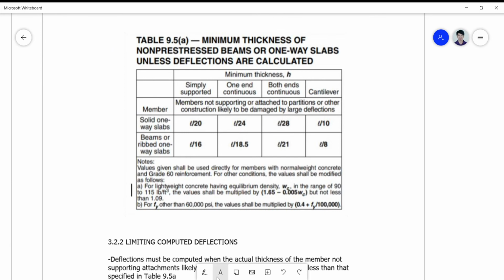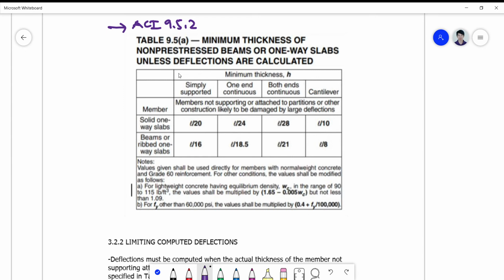Okay, so this is actually a reference on ACI 9.5.2 that we can use table 9.5a to check for the minimum thickness of the non-pre-stressed beam or one-way slab if you don't want to calculate deflection.